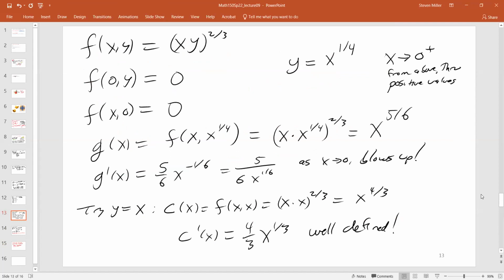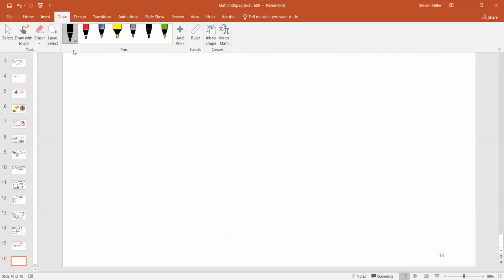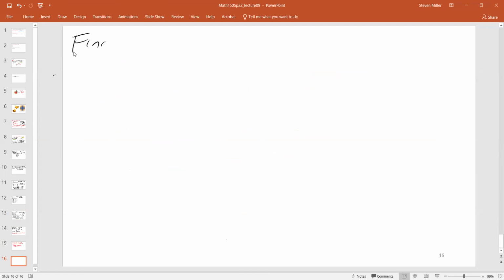So let's talk a little bit about different paths. Let's do some paths. Let's consider finding the limit as (x,y) goes to (0,0) of (x squared plus y squared) over (x to the 4th plus y to the 4th).